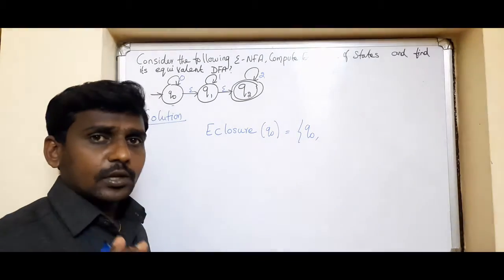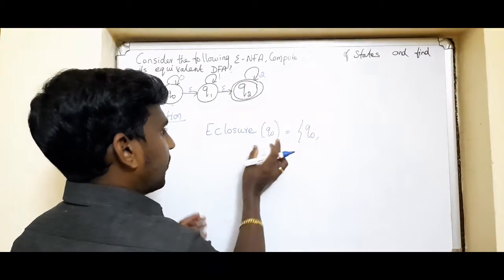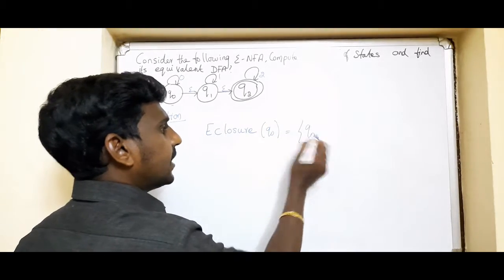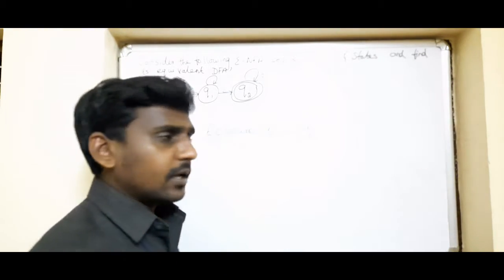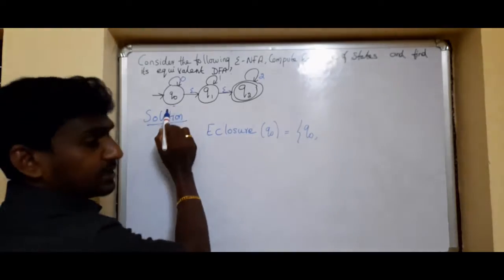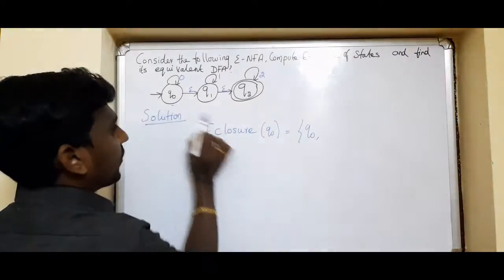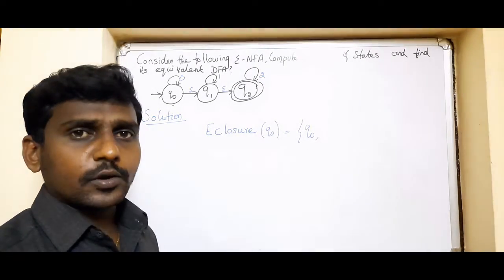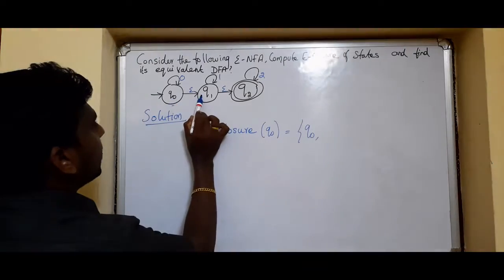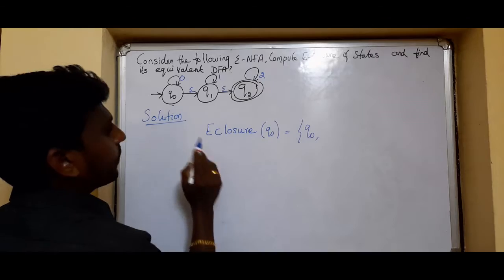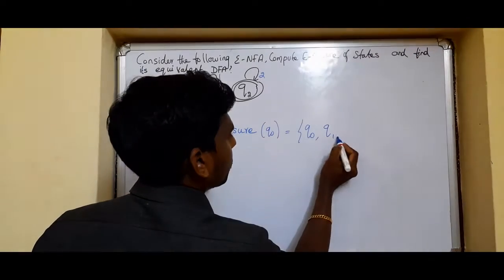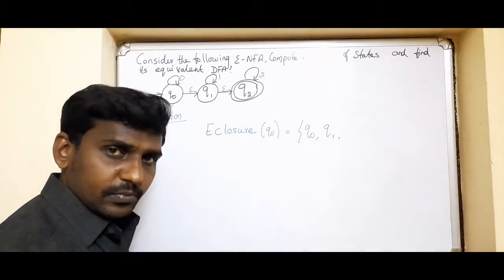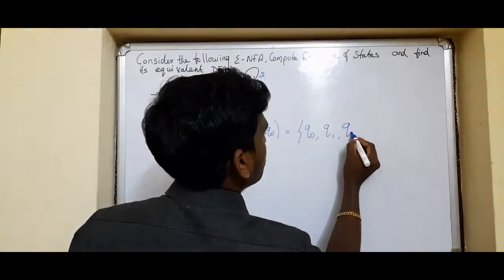Whichever state I am going to find E-closure of, I have to rewrite that state. Then I check the transition diagram to see where the epsilon moves go from Q0. From Q0 the epsilon moves go to Q1, so I write Q1, and immediately the epsilon moves go to Q2 also, so I write Q2.